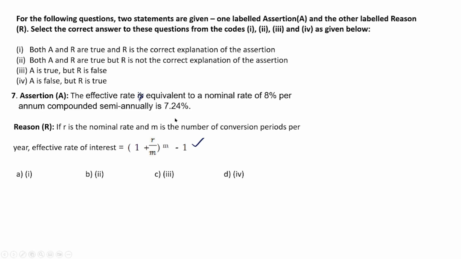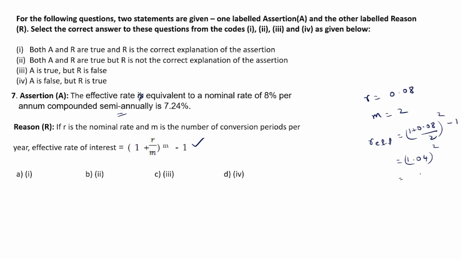Let us check whether the assertion is true or not. So the nominal rate is 8%, it is 0.08, and the number of conversion periods per year, it is compounded semi-annually, so M is 2. So we have effective rate as 1 plus 0.08 by 2, the whole square, minus 1. So it is 1 plus 0.04, it is 1.04 the whole square.